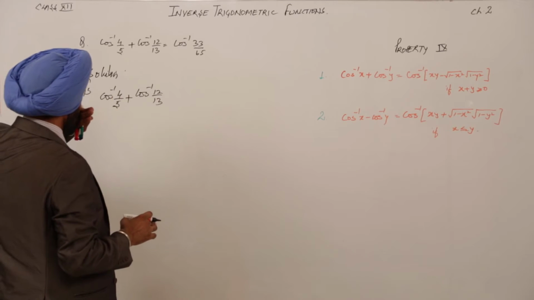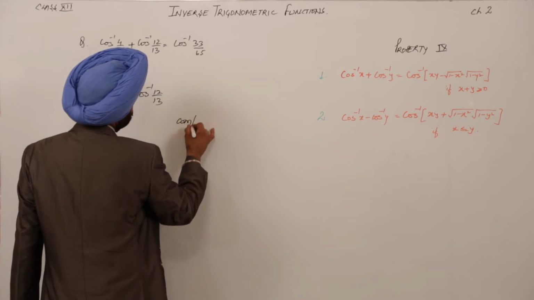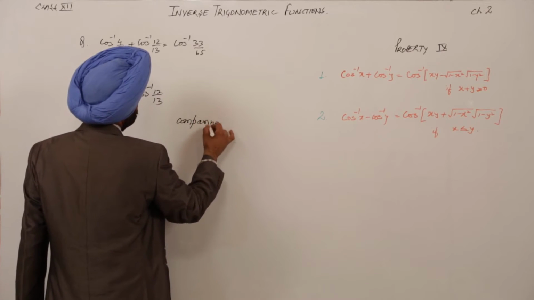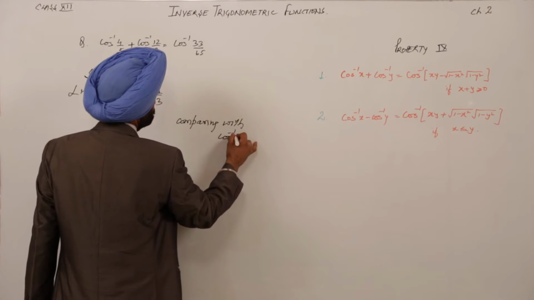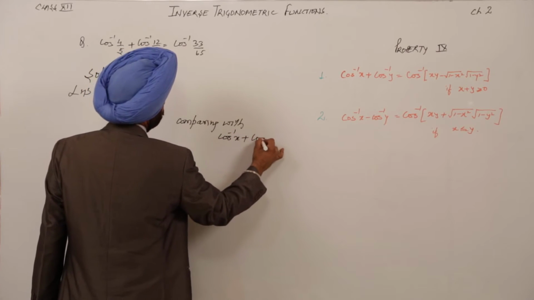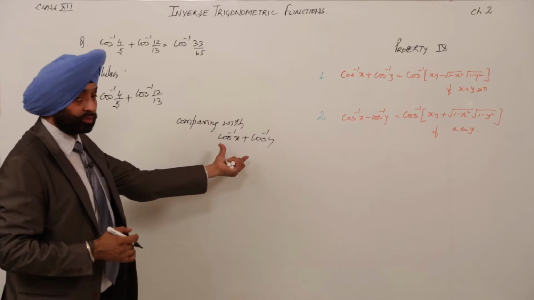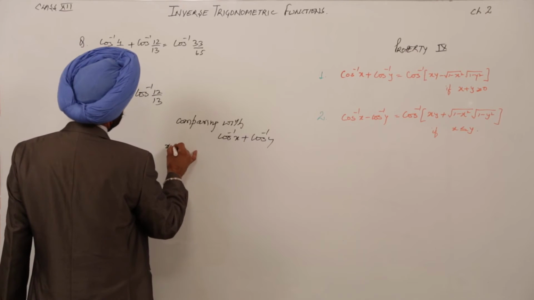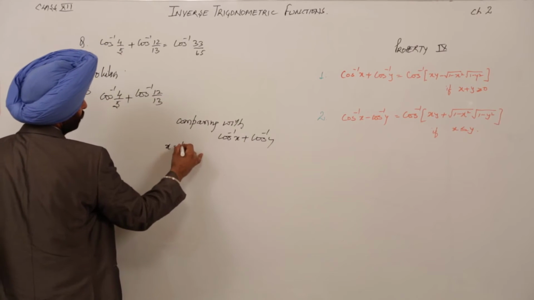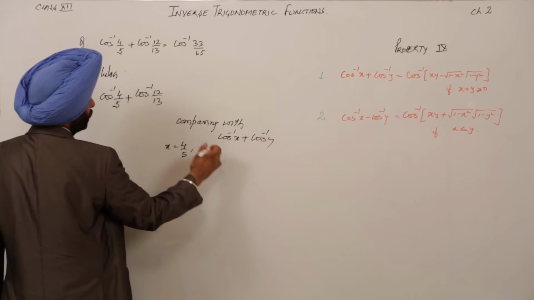Now, comparing this with cos inverse x plus cos inverse y, what is x? We get x is equal to 4 by 5 and y is equal to 12 by 13.